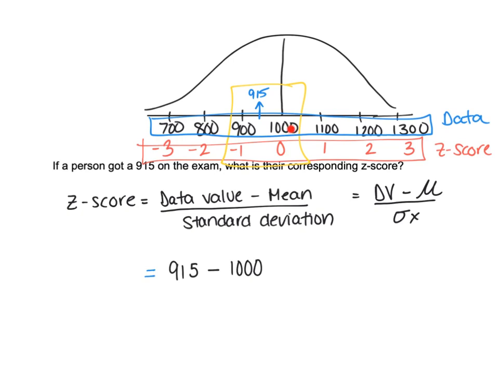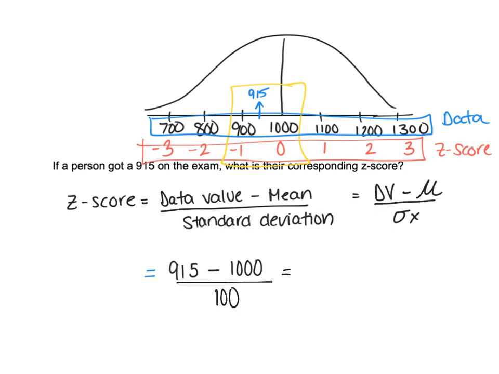The mean I can get from here, the middle number. So data value 915 minus the mean of 1,000 all over the standard deviation, which is 100. So take a minute, pause the video, type that into the calculator, and hit resume when you get the answer.